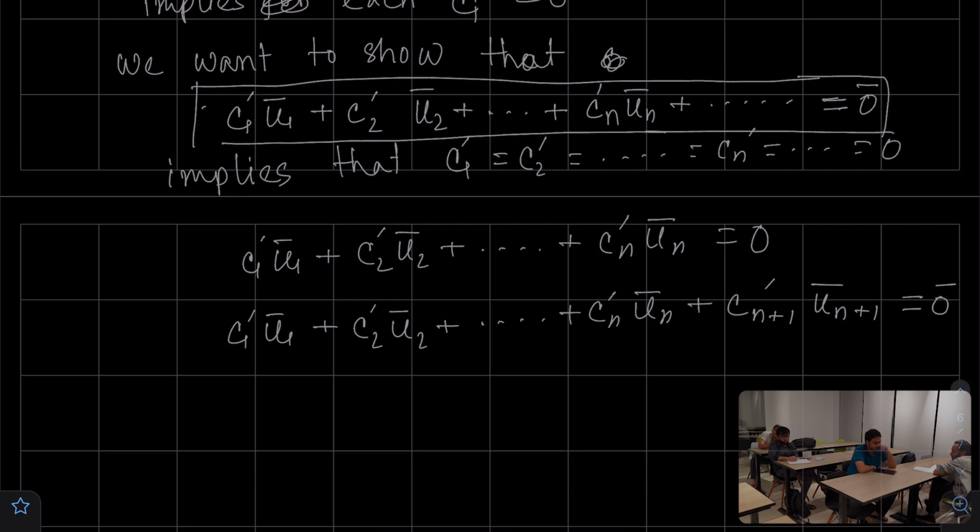It has to be 0, right? Otherwise, this is not the 0 vector. So we can use induction. Yeah, we can use induction, but for infinite, for n plus 1. So I'm taking a series summation. This should be a 0 vector.